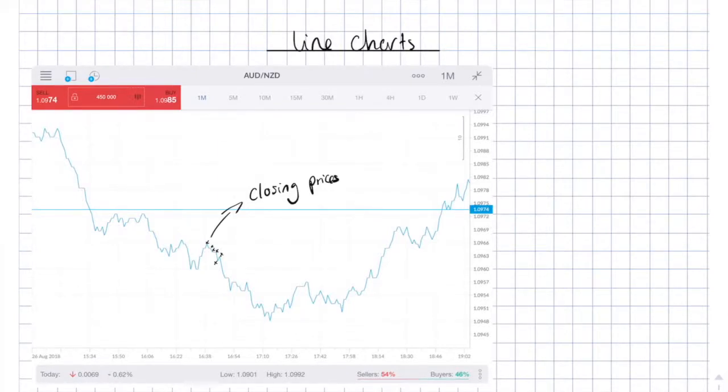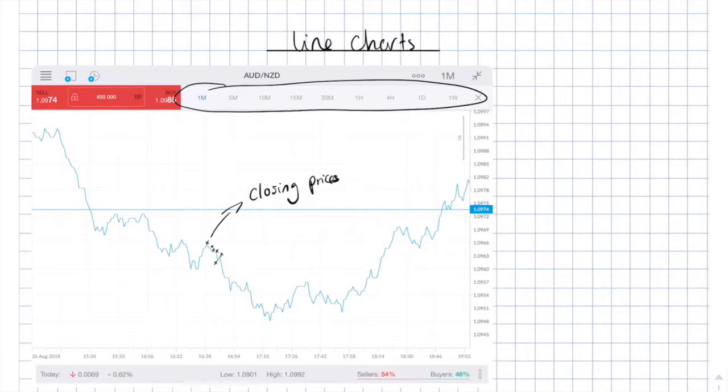If you look on the tab at the top, you'll see that there is a time frame which I've just circled in black, and it says 1M, 5M, 10M. This represents 1 minute, 5 minutes, then it goes to 1 hour, 1 day, and even 1 week. Right now we're on the 1 minute time frame, so that means that each vertex represents 1 minute.